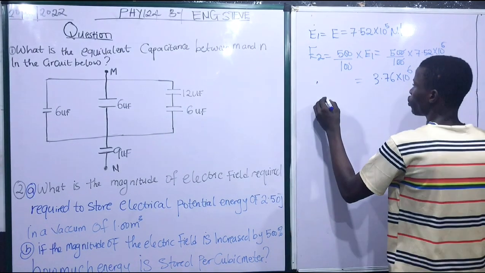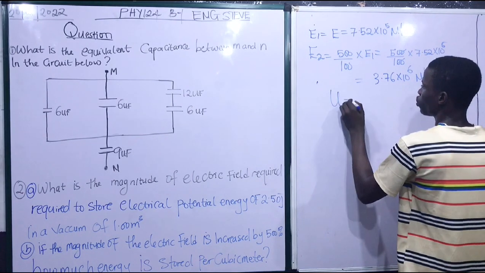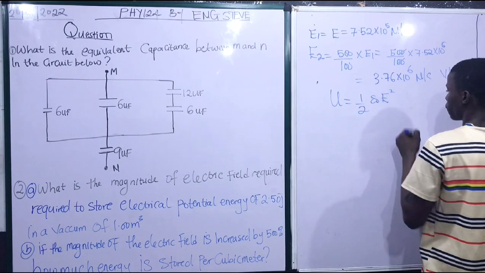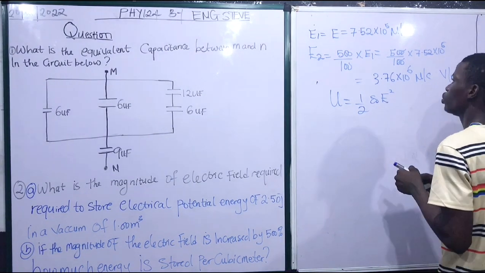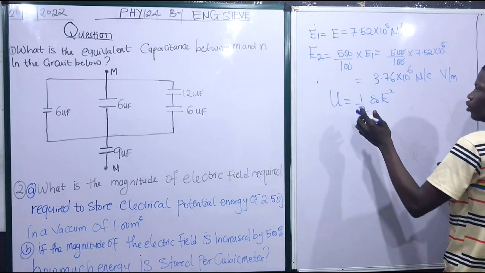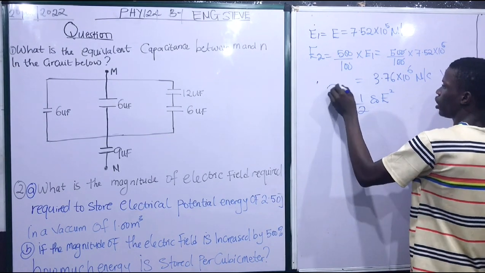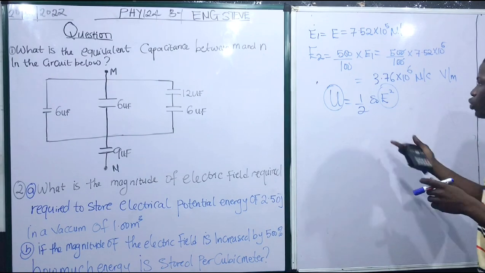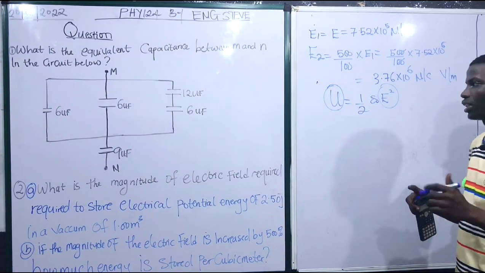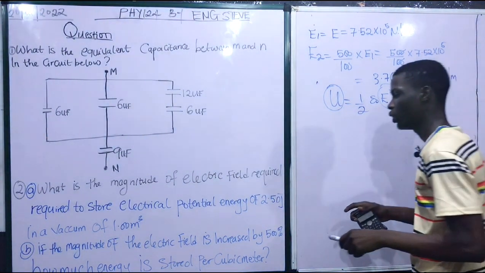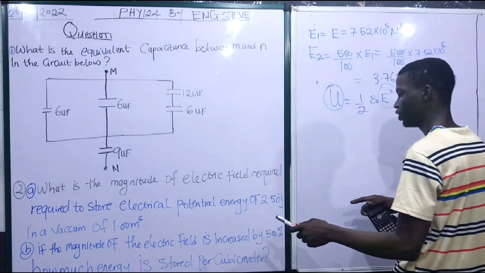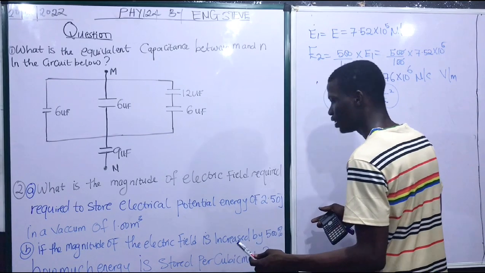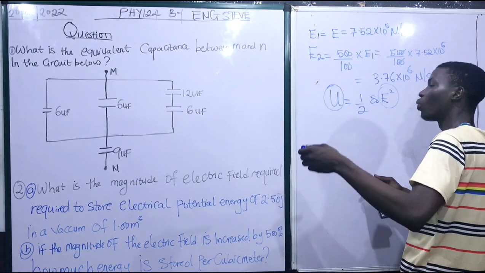So at first, our U is equal to 1/2 U naught E square. We are just interested in these two quantities, our U and our E. We have to make every other quantity constant at this point in time, because we were told that the magnitude of the electric field is increased by 500%. Then what is now our energy density?